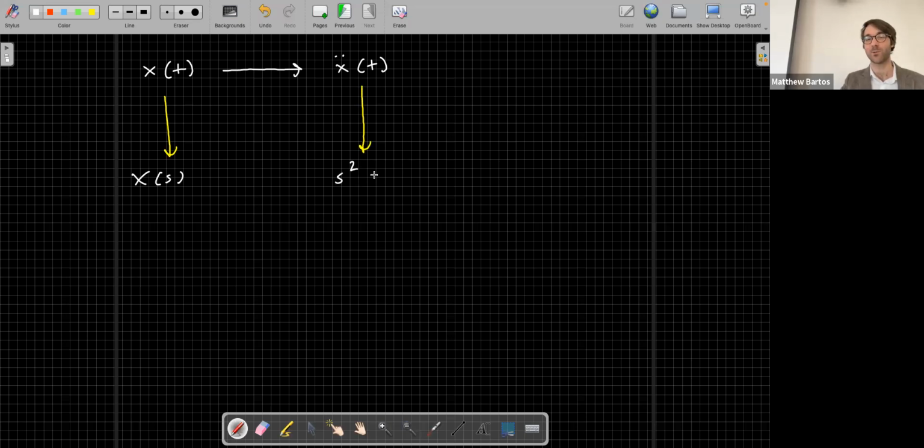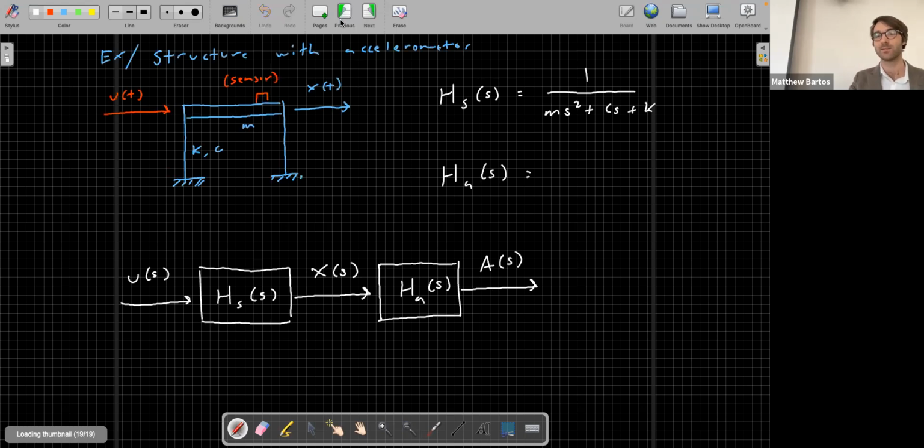Yeah, so it'll be s squared times X of s. So what's a good choice for the transfer function that represents the accelerometer? Close. We want something that transforms X of s into the acceleration. It would be s squared, right?